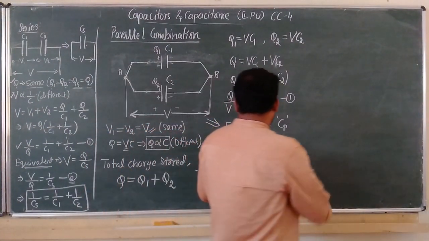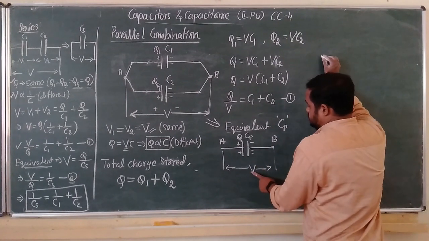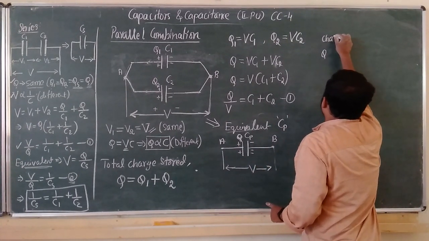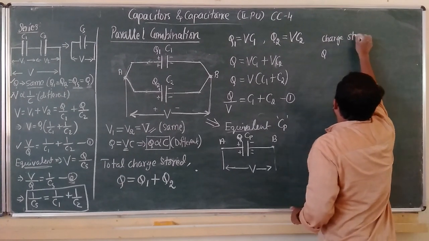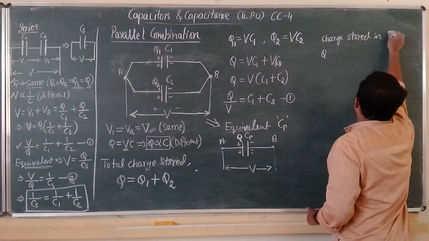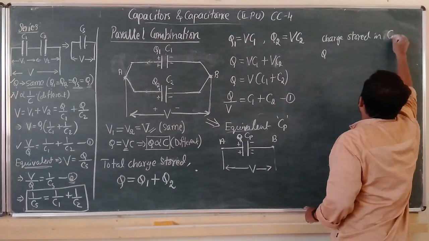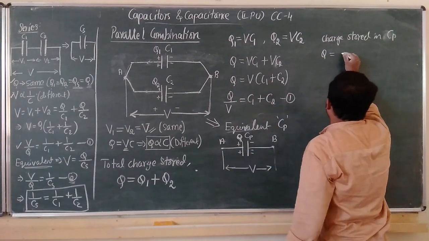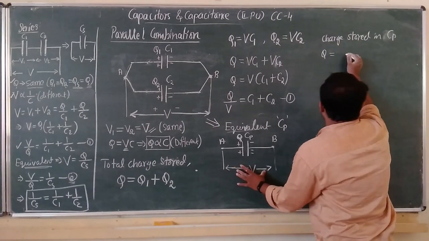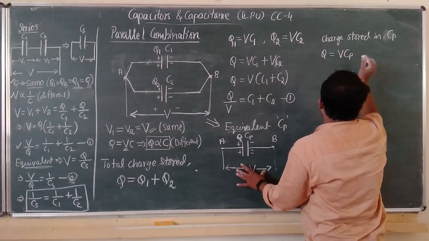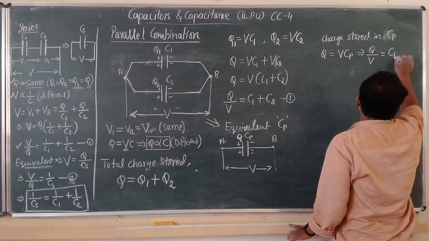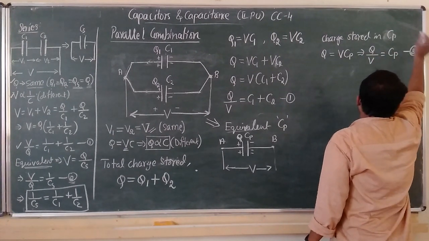For this condition we can write the amount of charge stored in capacitor CP: Q is equal to V into CP, as in the previous case, since potential difference is V and capacitance is CP. From this, Q divided by V is equal to CP, equation number 2.